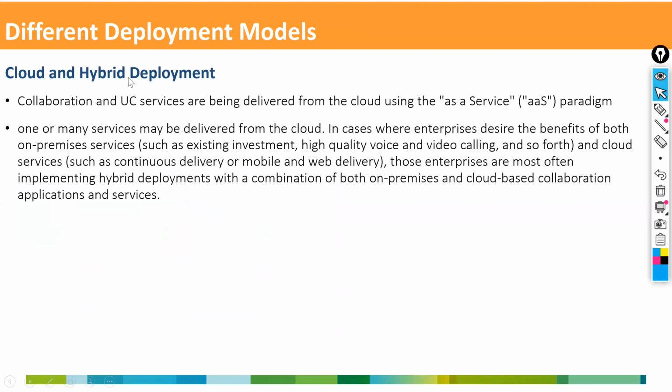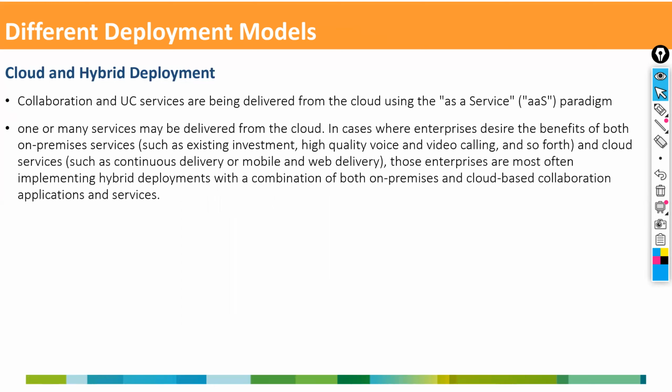Okay. Cloud and hybrid deployment. Cloud means completely cloud. In your office, only IP phones, switch, router and gateway will be there. No servers, but these phones will be registered on the cloud. Hybrid means you have a combination of both. For example, IP phone, router, switch, CUCM, Unity Connection, voicemail, everything we have.